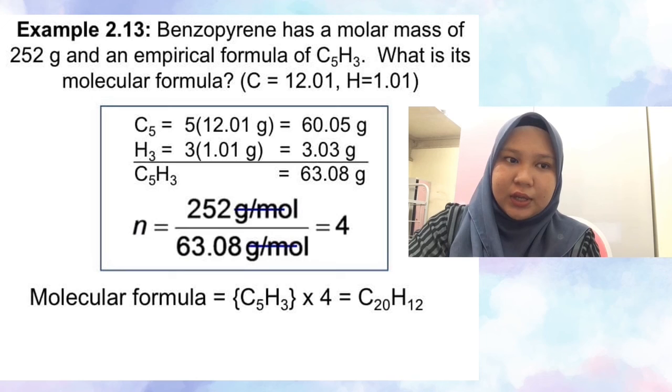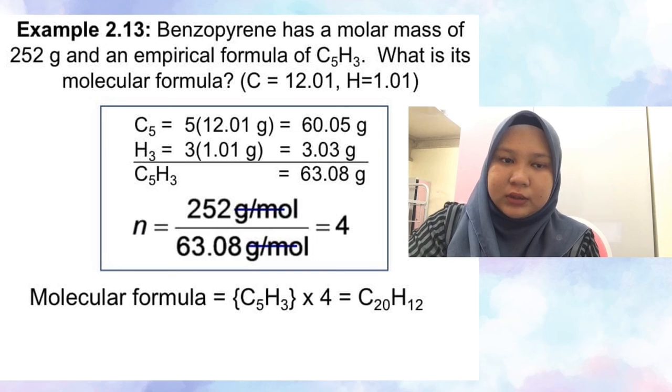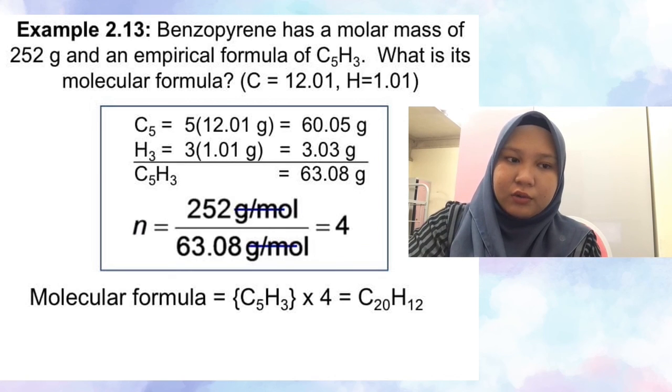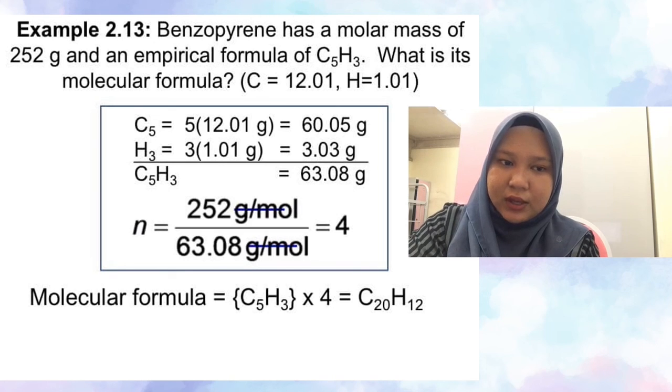Hydrogen 3 equals 3 times 1.01 grams, which is 3.03 grams. The empirical formula mass of carbon 5, hydrogen 3 is 63.08 grams. And N equals 252 grams per mole divided by 63.08 grams per mole, which equals 4. The molecular formula is carbon 5, hydrogen 3 multiplied by 4, which equals carbon 20 and hydrogen 12.